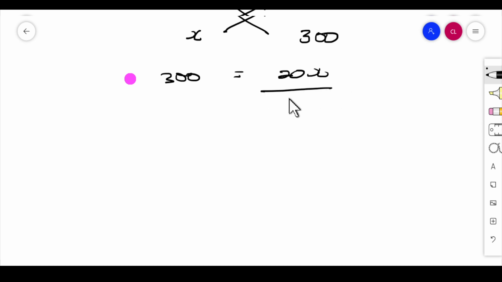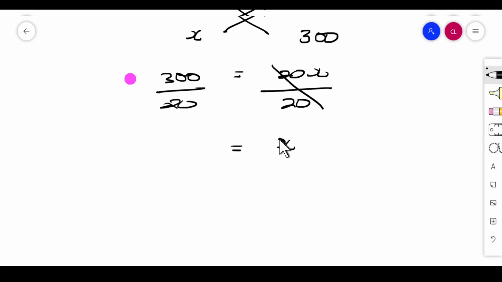To get x by itself, we need to divide by 20. If we divide the right-hand side of the equation by 20, we also need to divide the left-hand side by 20. So 20 will cancel 20, leaving us with x.